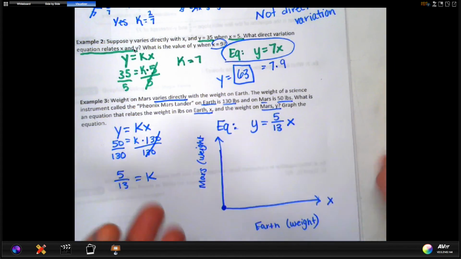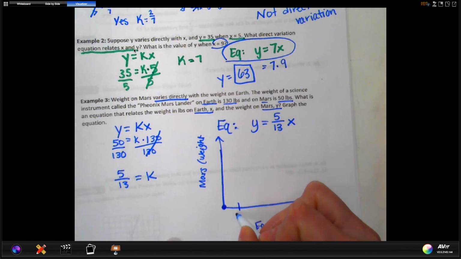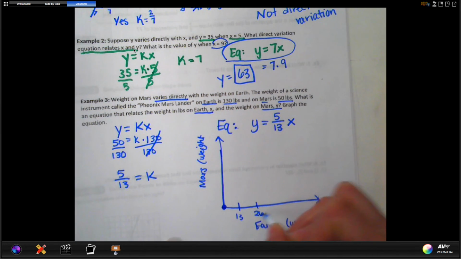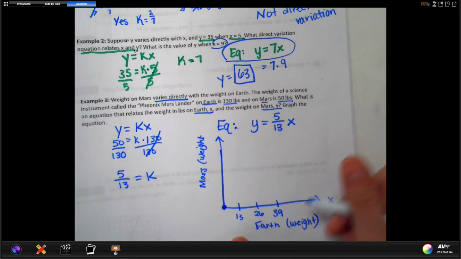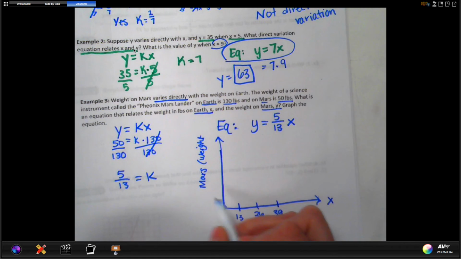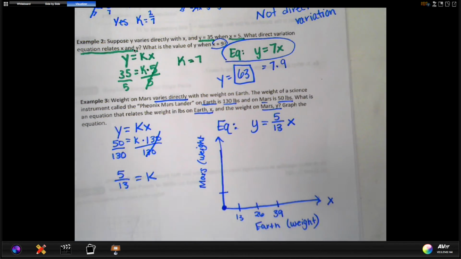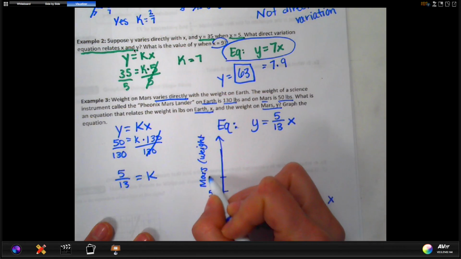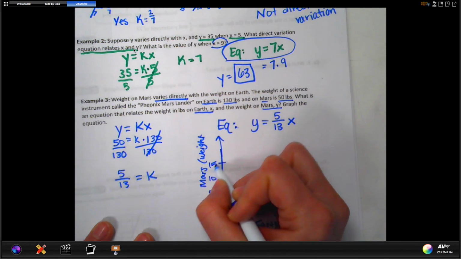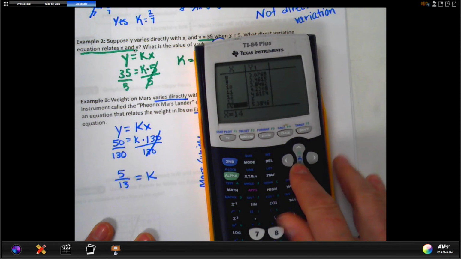So let's do that. So we're going to go 13, 26, 39, okay? And you can keep going and going. I'm only going to do the first 3. So on here, what would I go by on Mars? 5s, yeah. 5, 10, 15. And if you're not sure, you can double check your answers.